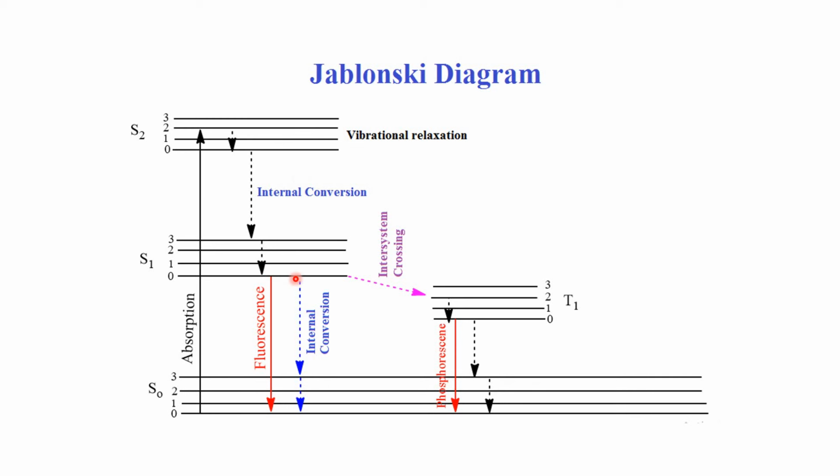Then, when the electron from this singlet excited state goes to the corresponding triplet excited state, say for example here, from the 0 vibrational level of S1, it has gone to the higher vibrational level of T1, first triplet excited state. Then also this difference of energy is released in the form of heat.